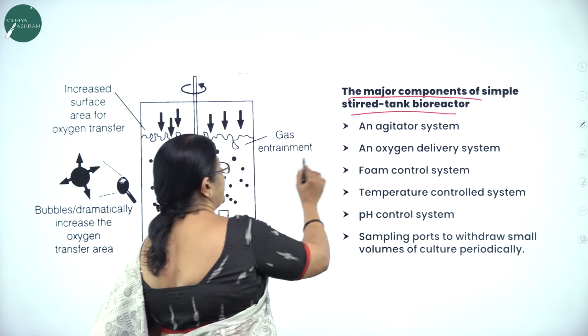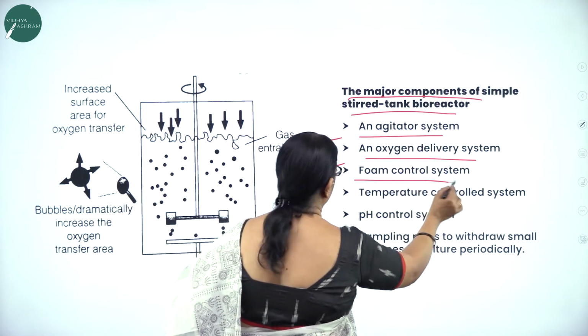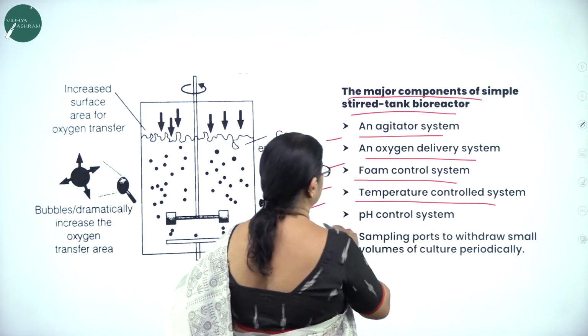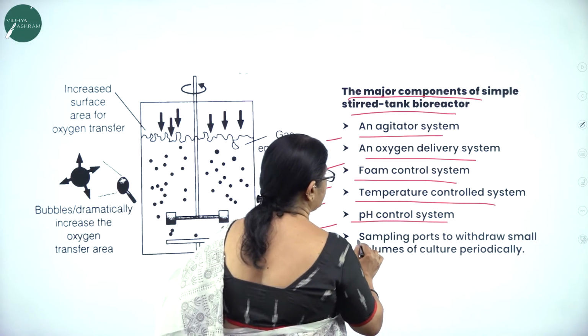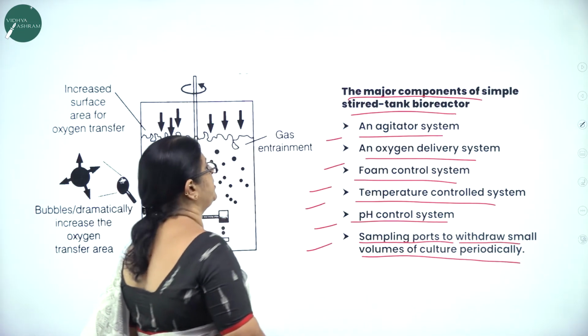So what are the major components of a simple stirred tank bioreactor? An agitator system, an oxygen delivery system, foam control system, temperature control system, pH control system, and sampling ports to withdraw small volumes of culture periodically.